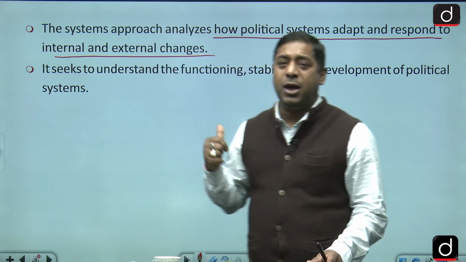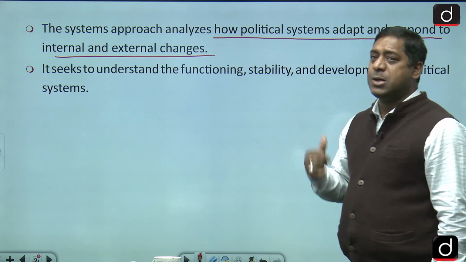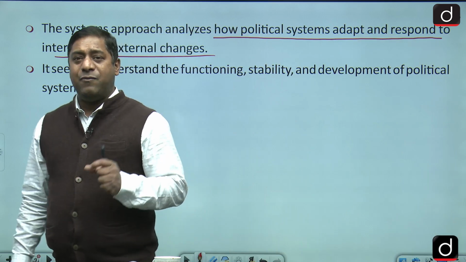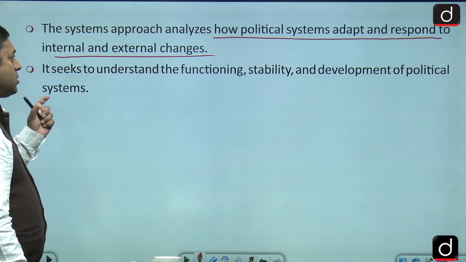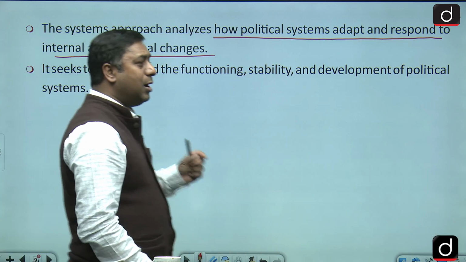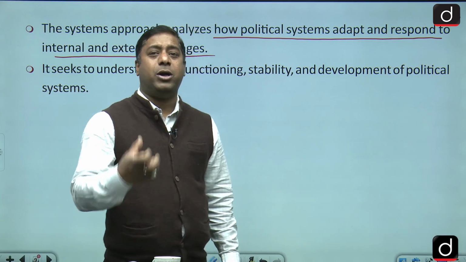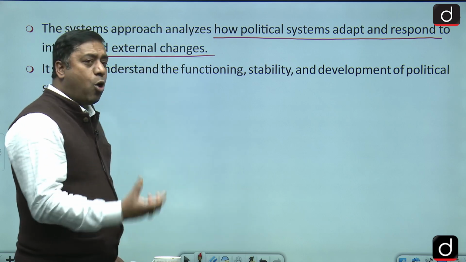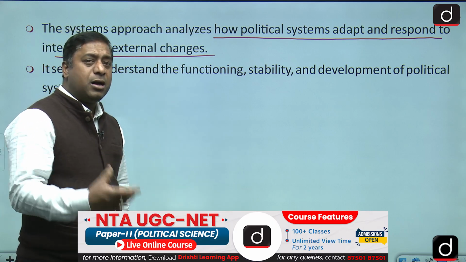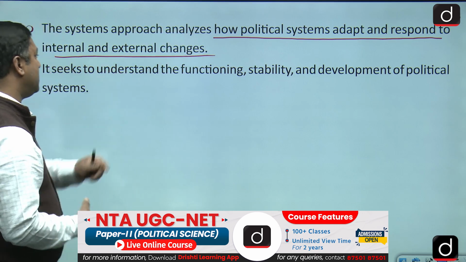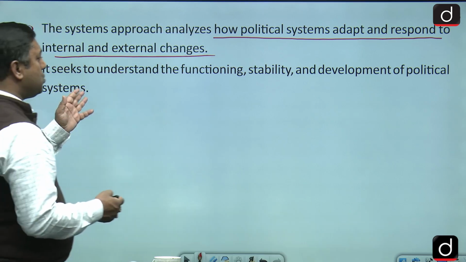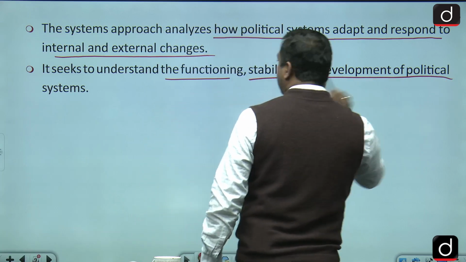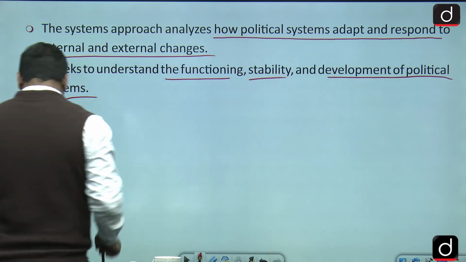तो यहां पे भी what the systems approach is saying is that the political system is dynamic, and when it is dynamic, it's trying to analyze how this dynamic political system is responding to the internal as well as external changes. And it also tries to understand the functioning, stability and development of political systems. Hanji, clear?